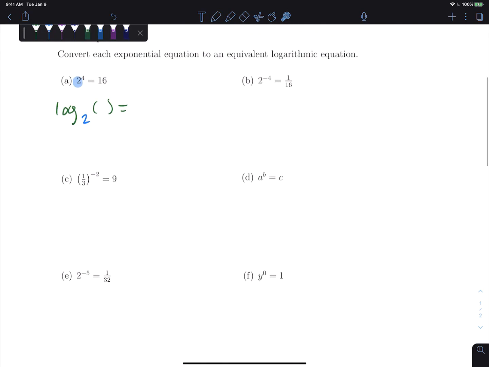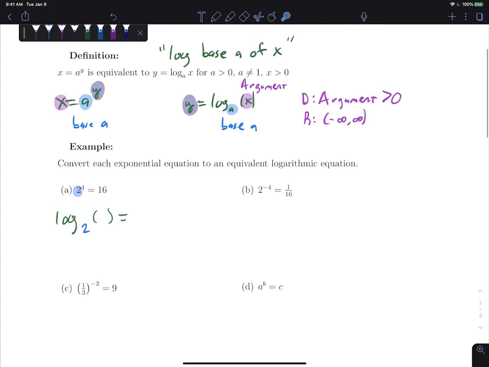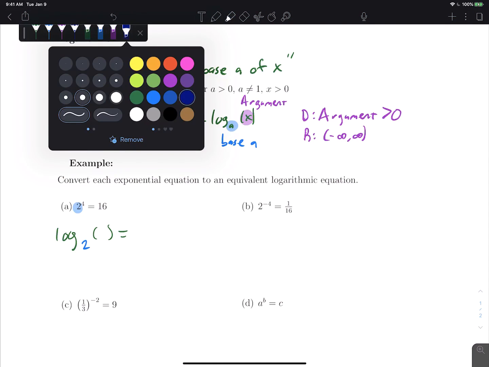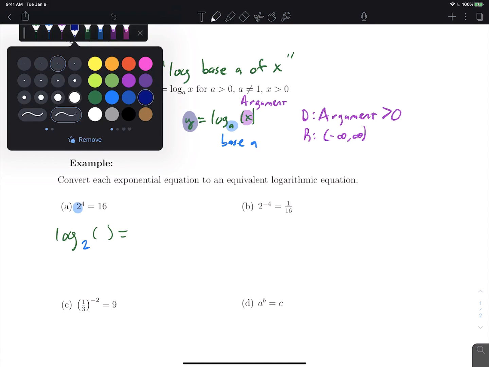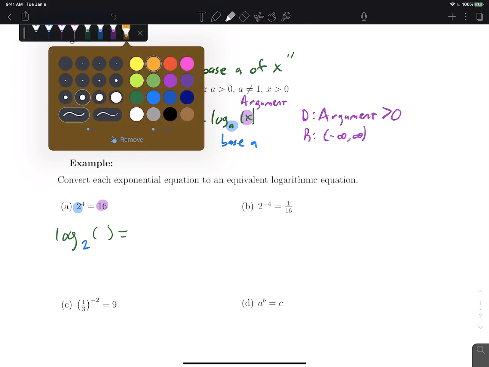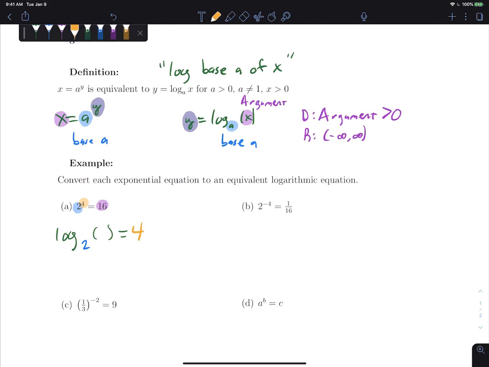So if we have 2 to the 4th equals 16, that means that this 4 is going to be out here by itself.